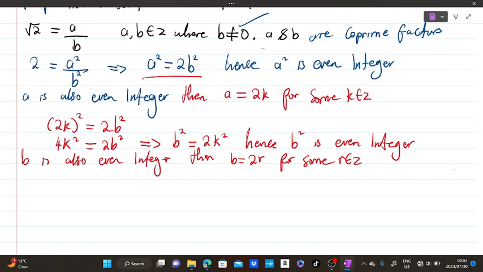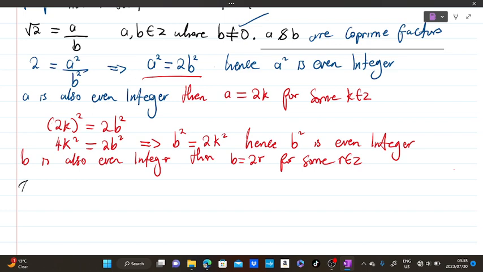Remember, in our assumption we said a and b are co-prime factors, or we said a and b have no common divisor. So if both of them are even integers, it means they have a common divisor. They are not co-prime factors. So our assumption was false.